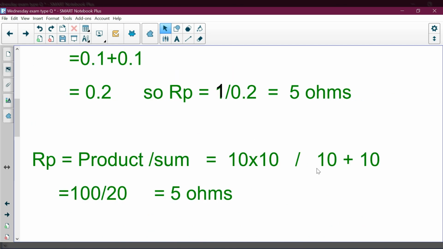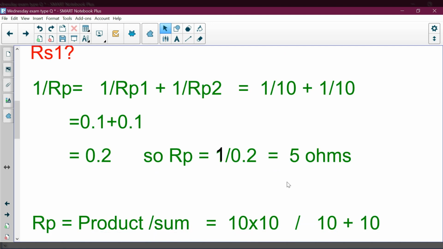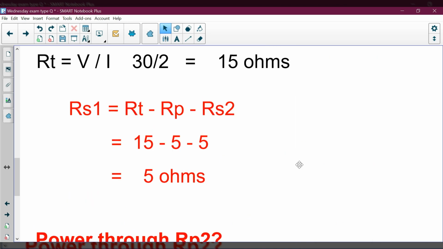Okay, so we know that this 5 ohm resistor plus this now 5 ohm resistance plus whatever RS1 is equals 15 ohms. So in order to find RS1, we need to take that 15 ohms for the accumulative resistance and subtract these values for the series part of the circuit, so RP and RS2.